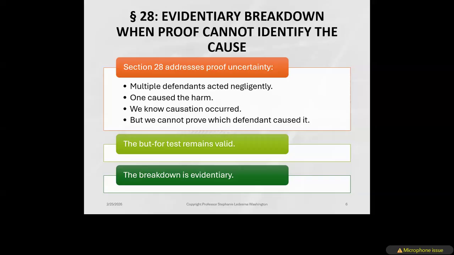Section 28 addresses proof uncertainty. When would I have proof uncertainty? When I have multiple defendants that acted negligently, one of the multiple caused the plaintiff's harm. We know causation has occurred, but we cannot prove which defendant caused it. That's why it's an evidentiary breakdown, right?